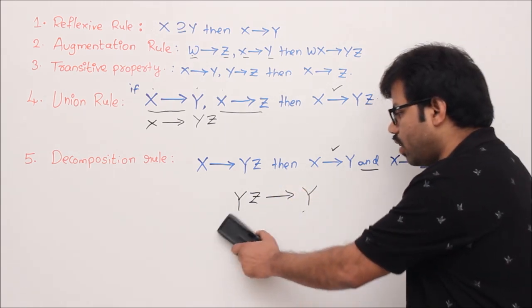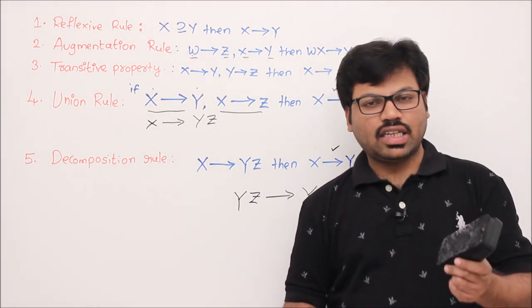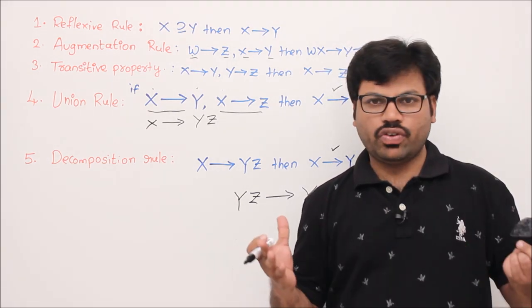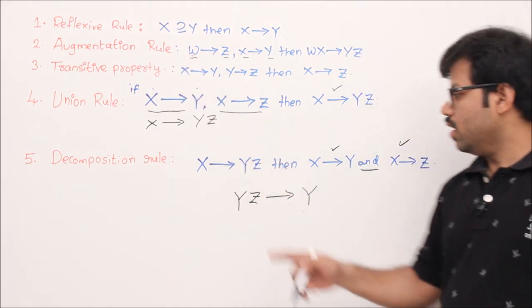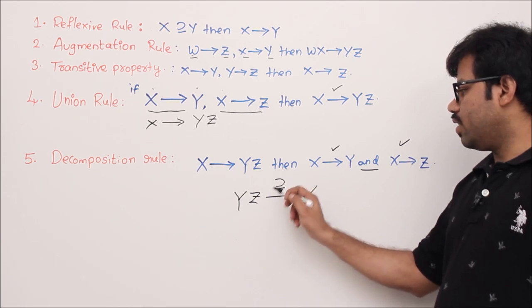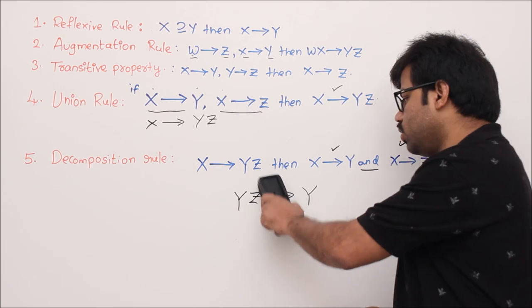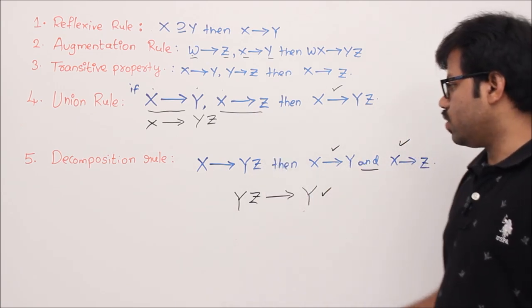Remember from now onwards, a trivial dependency is a dependency which can be proved using the reflexive property. Here YZ is a superset of or equal to Y. That's why YZ determines Y. Correct? So remember it. This is a universal fact according to the reflexive property.